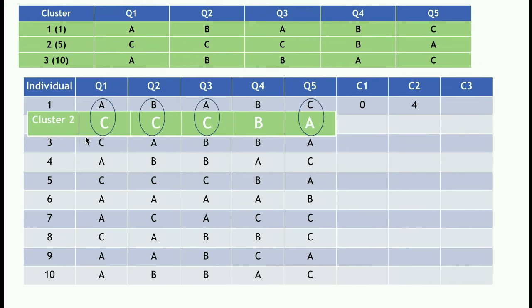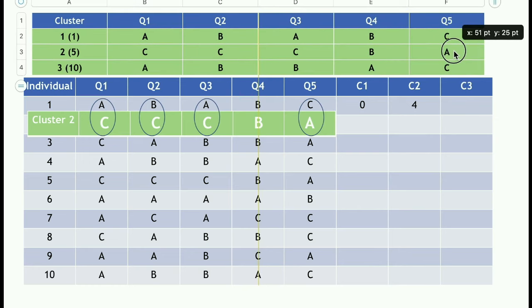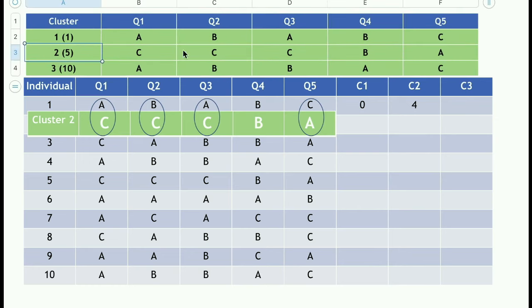Now, that's not the same with cluster number 2. If we use cluster 2 for individual number 1, I literally just copied this row over here so that we could make the comparison quite easily. So we could see for question 1, individual 1 responds A, cluster 2 has C. So therefore, these are not equal.